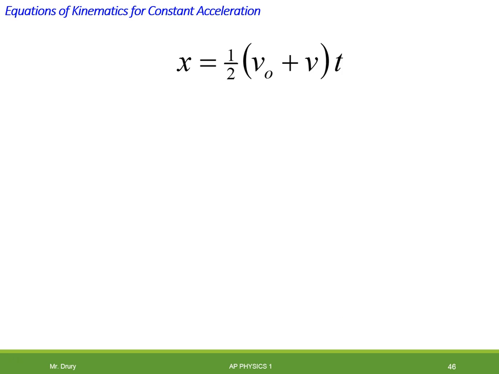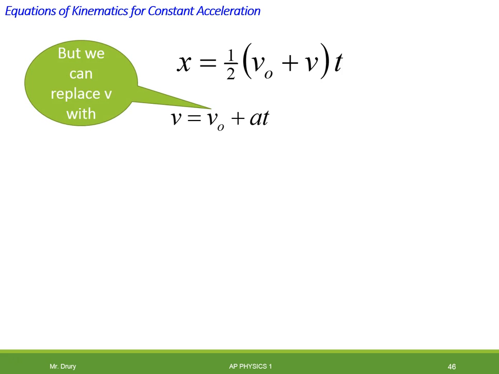All right, so here we're starting with the first equation we derived, and we're going to use this to come up with another equation. And here's the second equation we derived. And we could replace the v in this equation with the v in this equation.